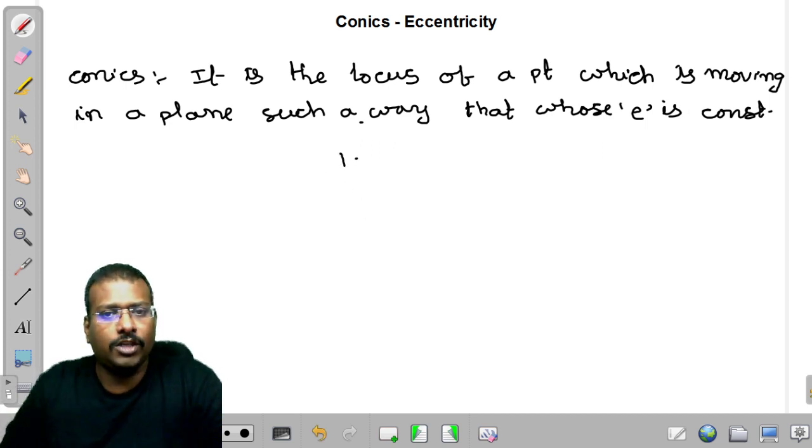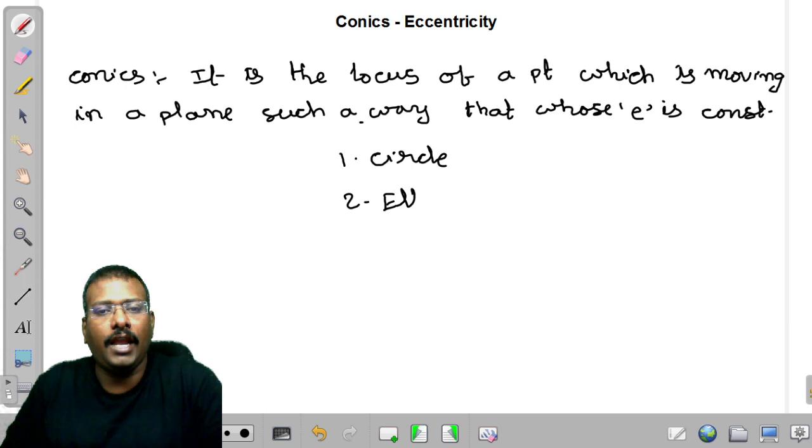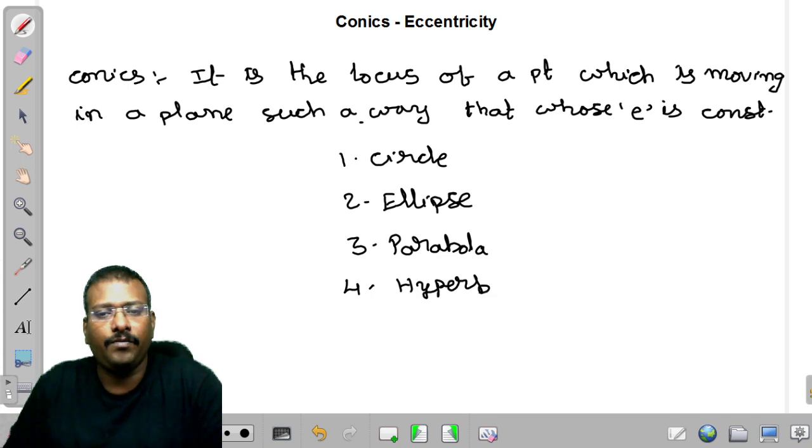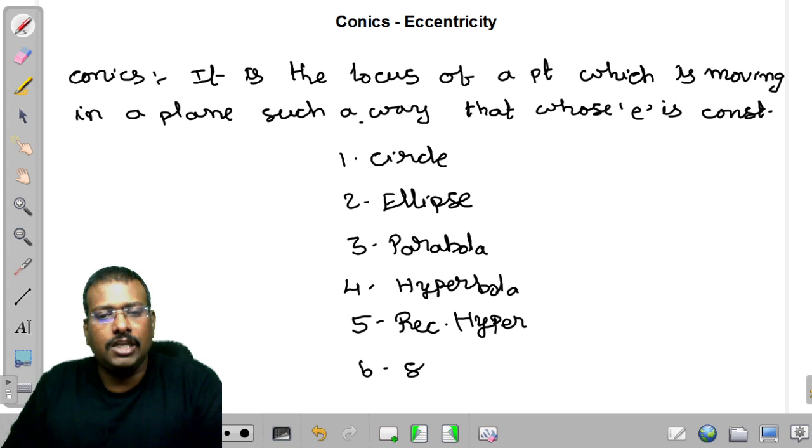So first one is a circle, second one ellipse, third parabola, fourth one hyperbola, fifth one rectangular hyperbola, sixth one is a straight line.